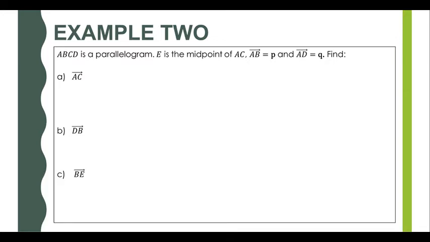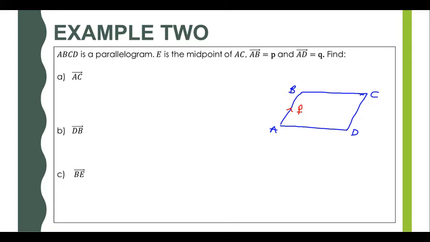For this question, the first thing we need to do is draw a parallelogram. We can then add the information that we know to the parallelogram. So we know that side AB is equal to P, which I'm going to underline as I can't write in bold on here.